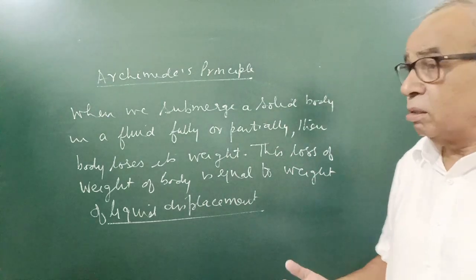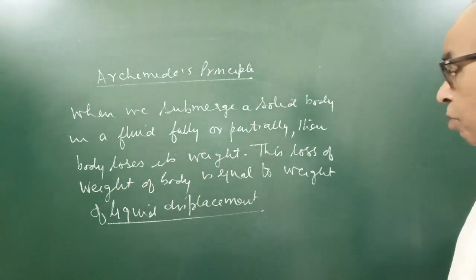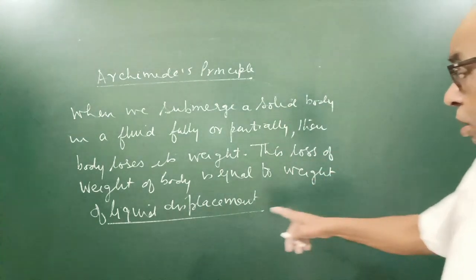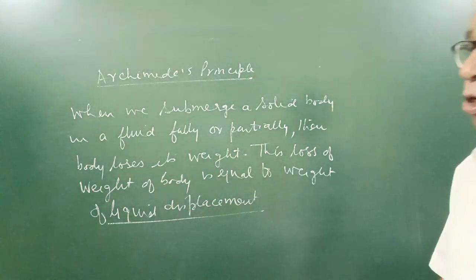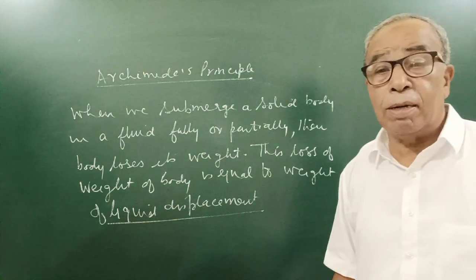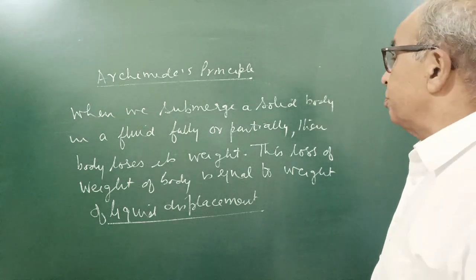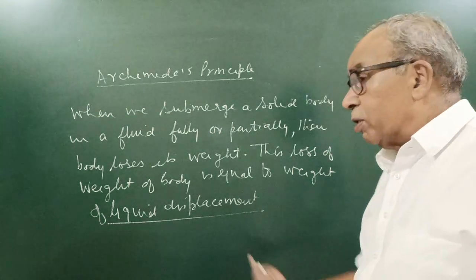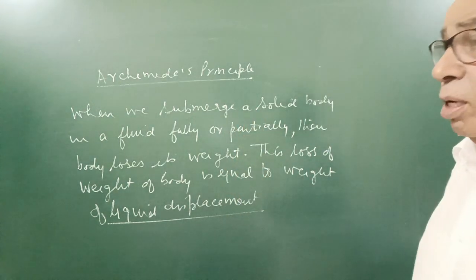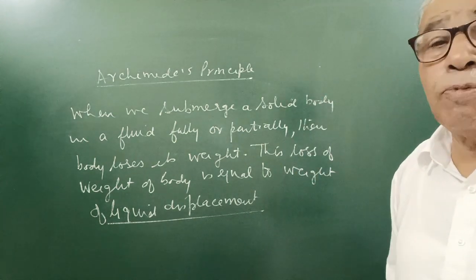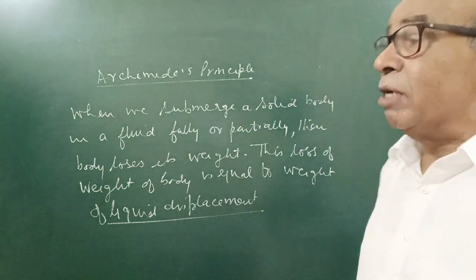Molecules apply normal thrust. So this loss of weight of body is equal to weight of liquid displaced. Now why is the weight lost? Because of upward thrust applied by fluid on the solid body. And this upward thrust, you might have learned, is called buoyant force.